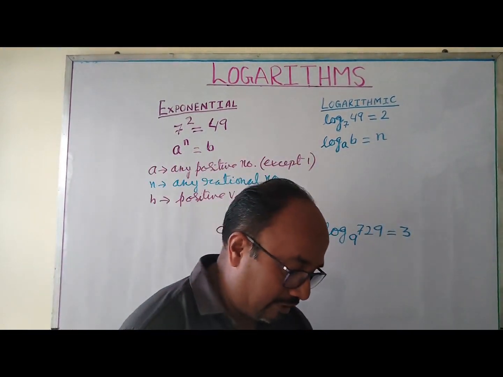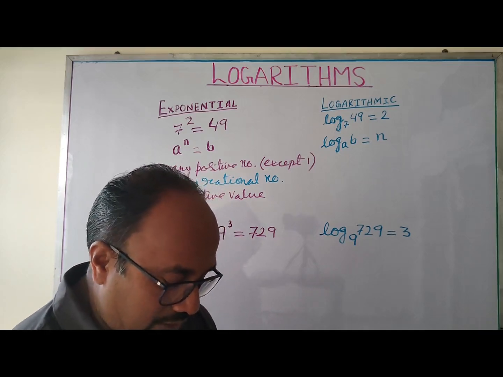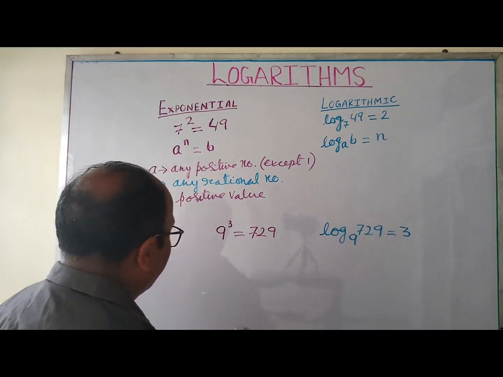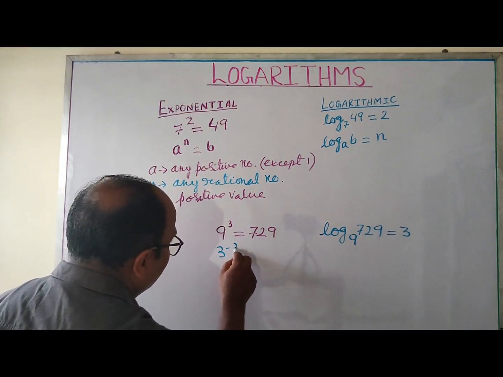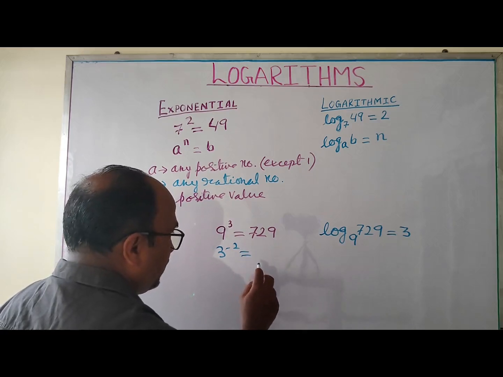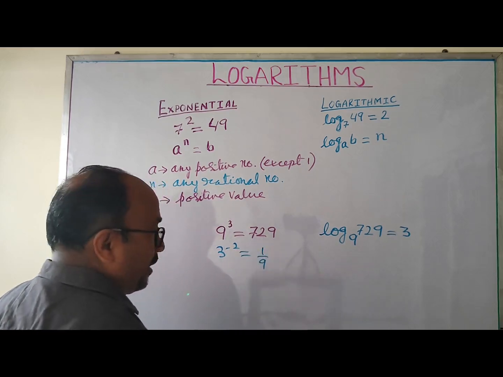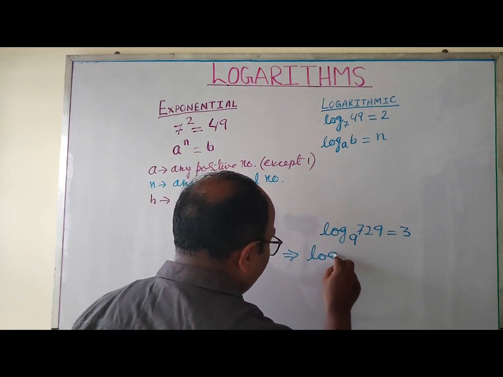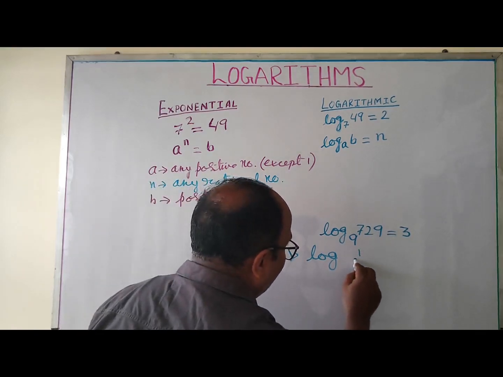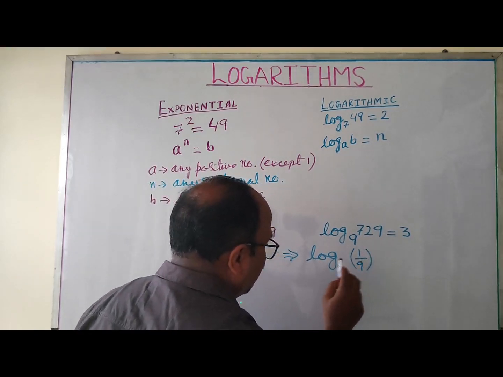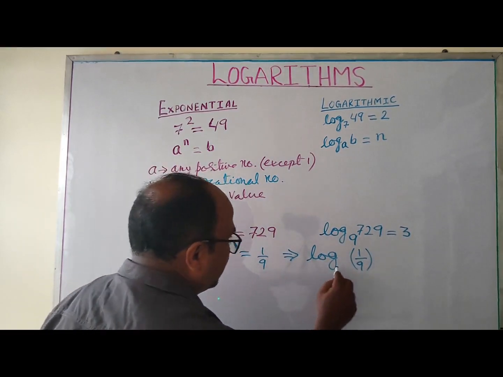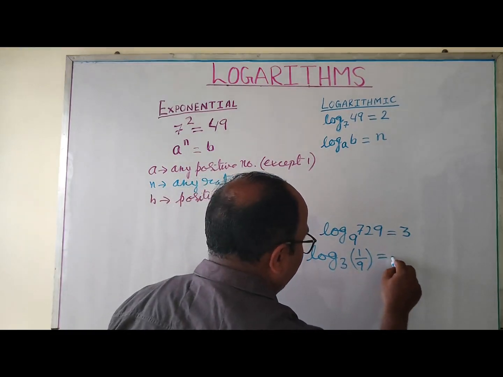So for example, if I have to convert this number to logarithm, like if I am taking here 3 to the power minus 2, we know it will come as 1 by 9. So when converted into the logarithm form, it will be log of 1 by 9. I'll put a bracket because there is a fraction here, and the base will go as 3 and the value will be minus 2.